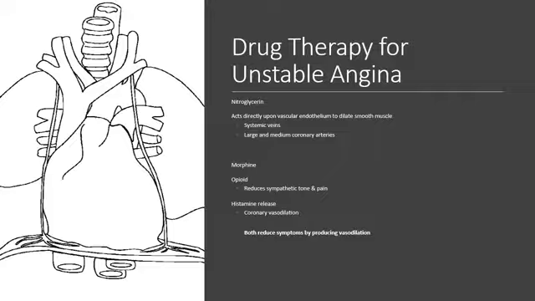Morphine is rather interesting in its own right in that it also has a secondary activity in that it causes histamine release, and that histamine release can be useful because it helps promote vasodilation of the coronary blood vessels, which once again is going to help increase the oxygen supply. So both of these medications help reduce symptoms by promoting vasodilation.